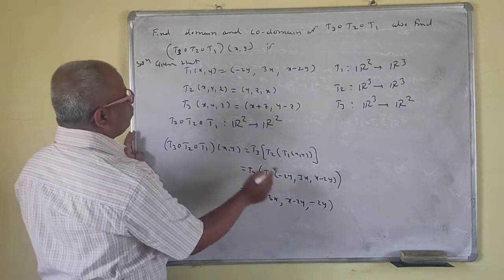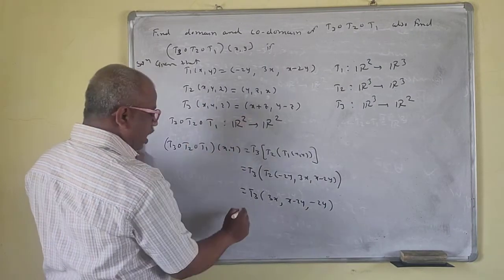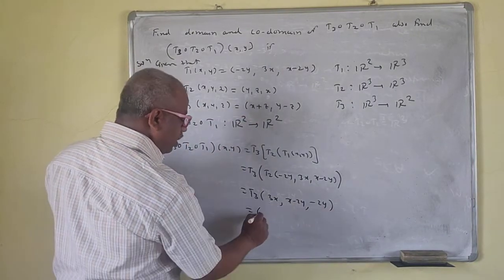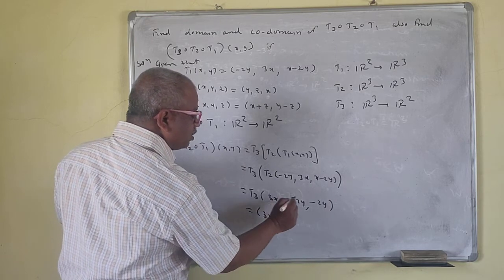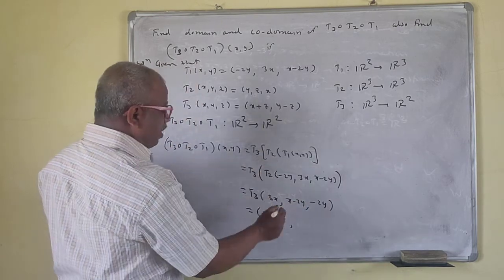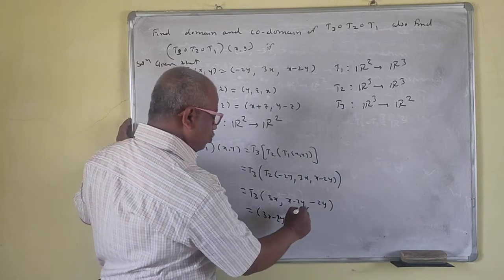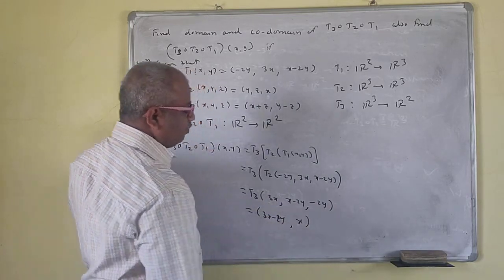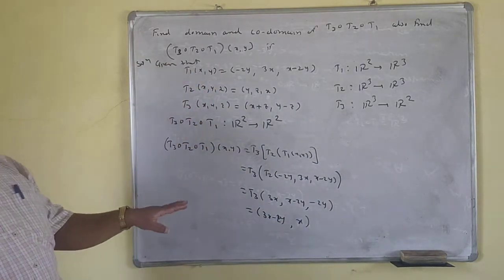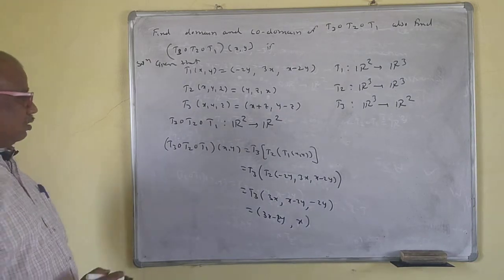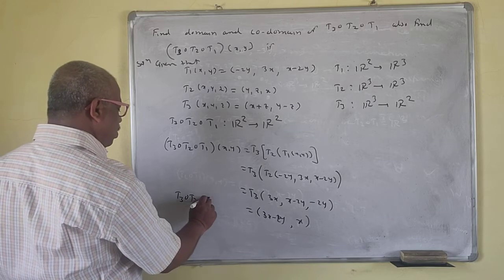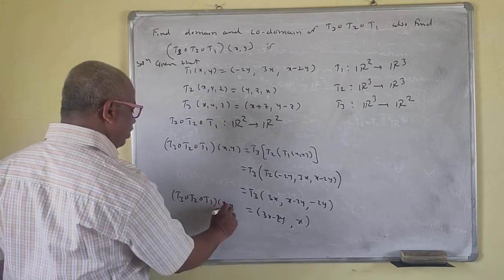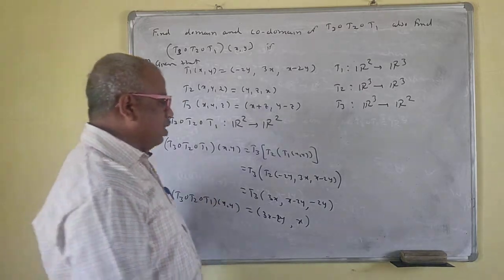Now T3 of XYZ is X plus Z, so 3X minus twice Y. Then Y minus Z. This is X only, because minus twice Y plus twice Y gets cancelled. This is your formula for T3 of T2 of T1 of XY. I hope that you understand this one.